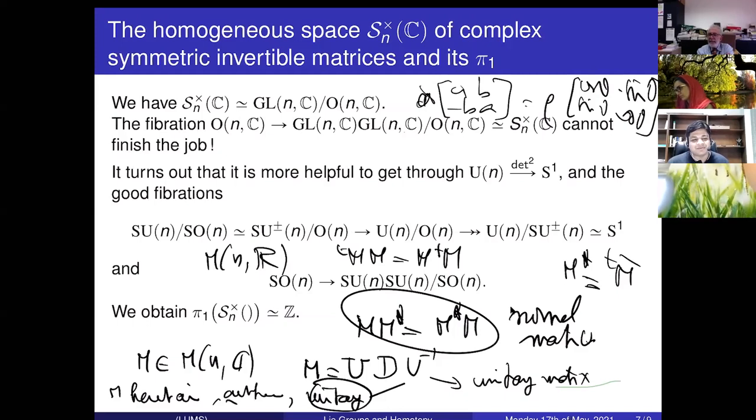So how does one come to this conclusion, and how does the Van Kampen theorem help us compute the fundamental group of these matrix groups? Do you understand my question?